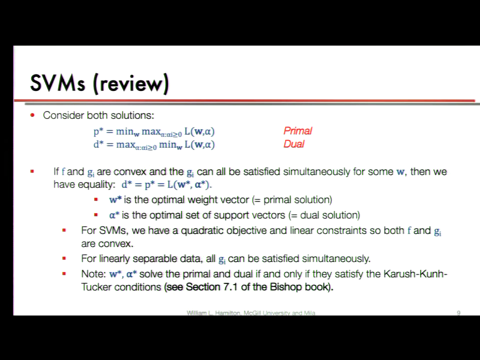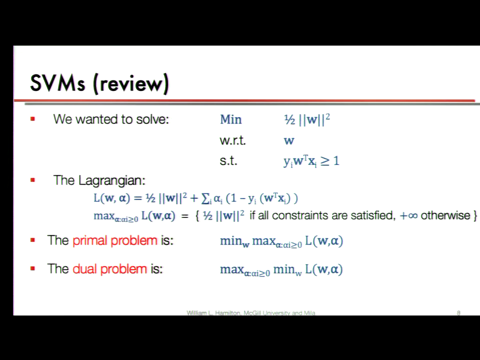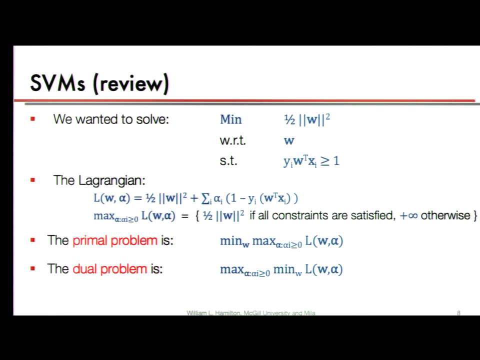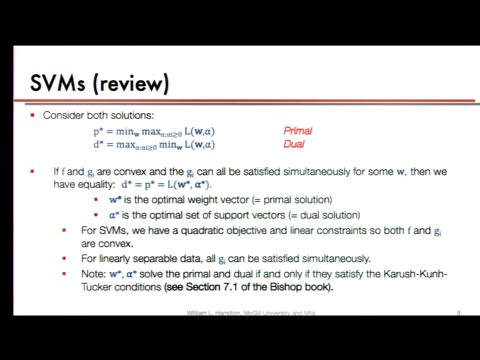This means that instead of solving our original constrained optimization problem at the top, we can solve this dual max-min problem down here. It's all going to give us the same answer.